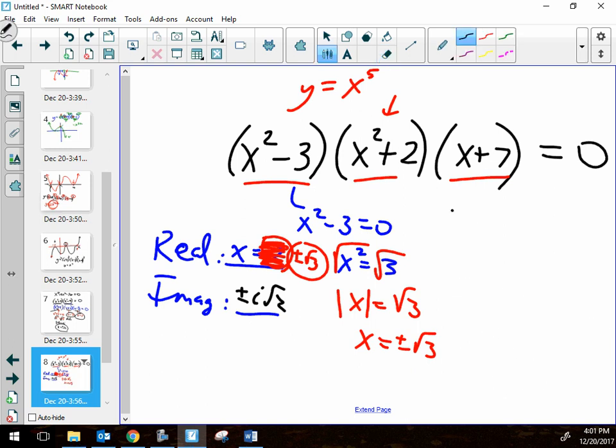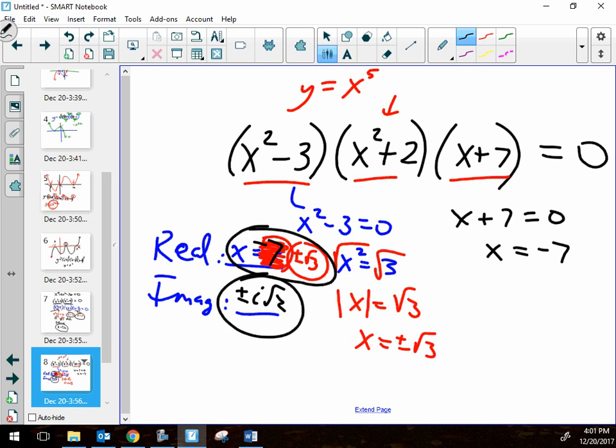X plus 7 equals 0, so x is equal to negative 7. So that's the other real one, is negative 7. So there's 3 reals and 2 imaginaries, total of 5. That makes sense because this was a degree 5 polynomial. Okay. Remember, that's all about setting these equal to 0.